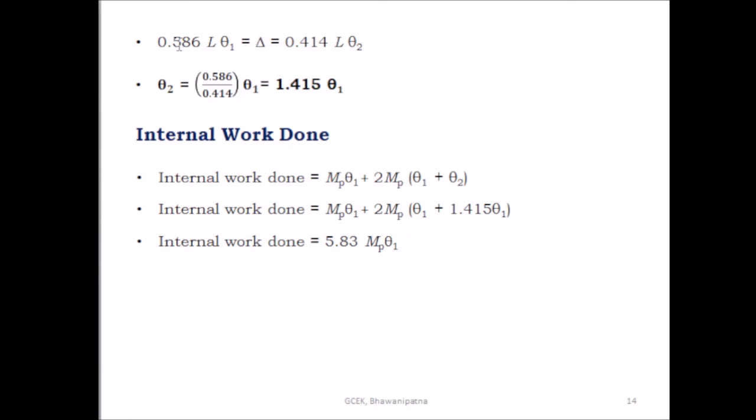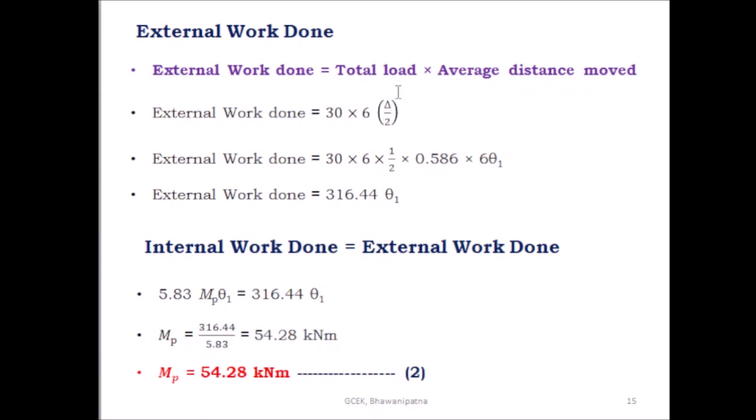Then put the value of delta here. After putting the delta value, the external work done is equal to 30 into 6 into 1 by 2 into 0.586 into 6 theta 1. Then the external work done is equal to 316.44 into theta 1. So this is the external work done for span BC.